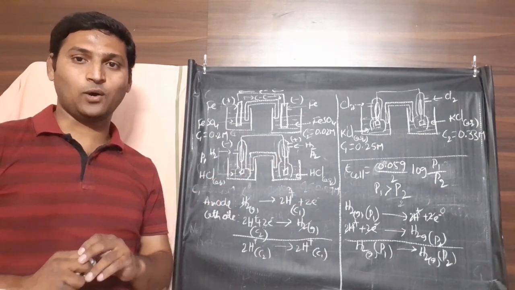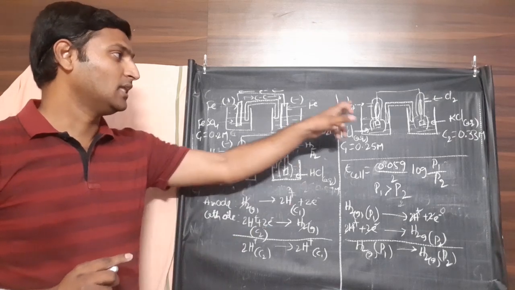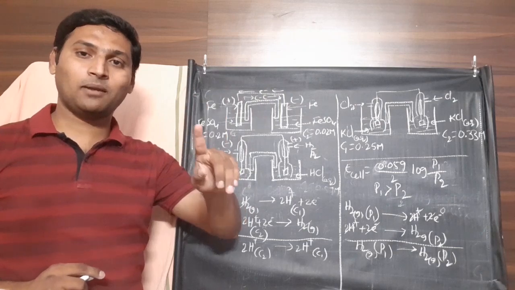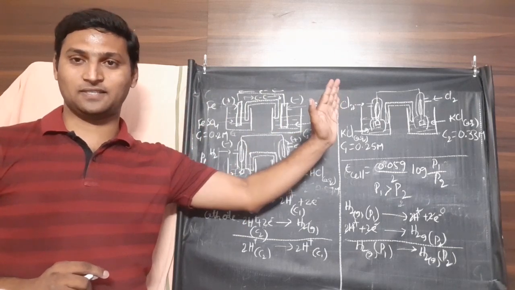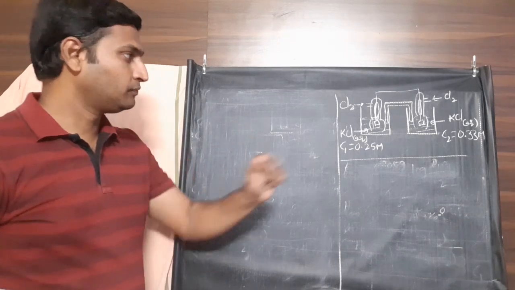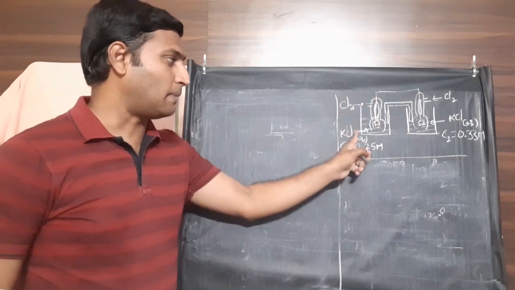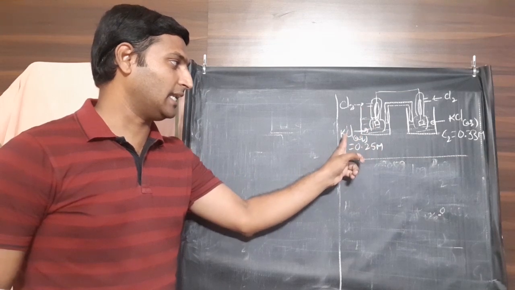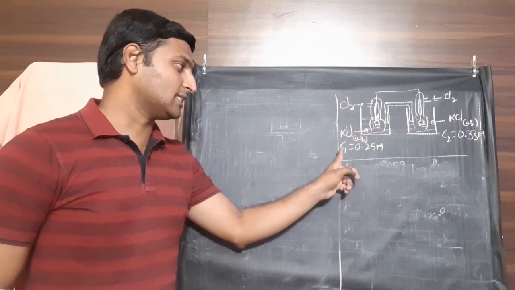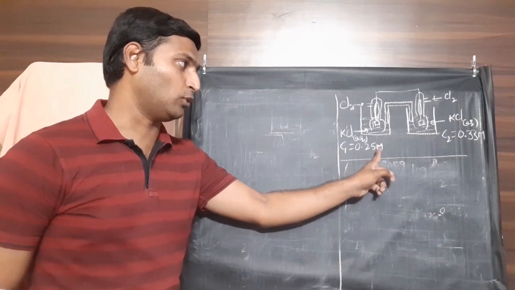Okay? Now, let us move on to the chlorine electrode. I took one example from non-metals to make you understand the difference. Now, observe here. Chlorine gas is passed into a solution of potassium chloride where the concentration C1 is given as 0.25 molar.